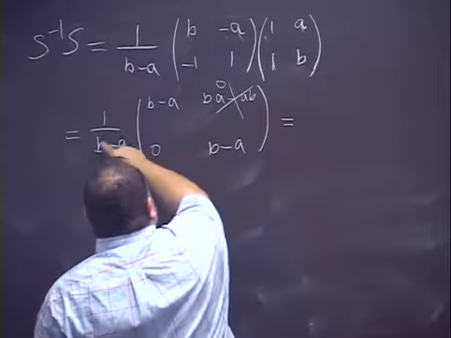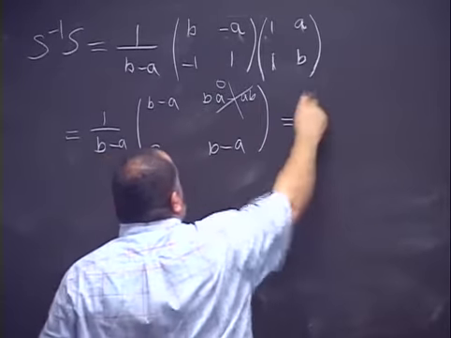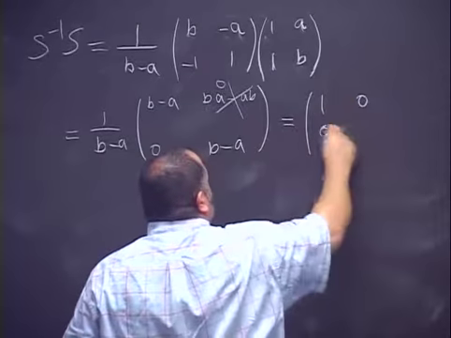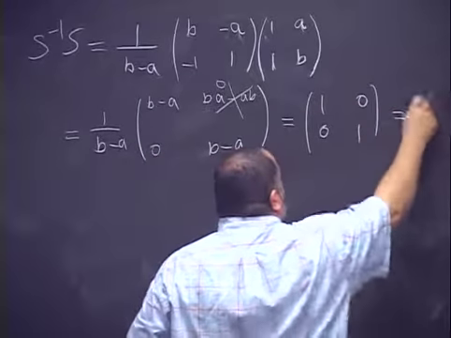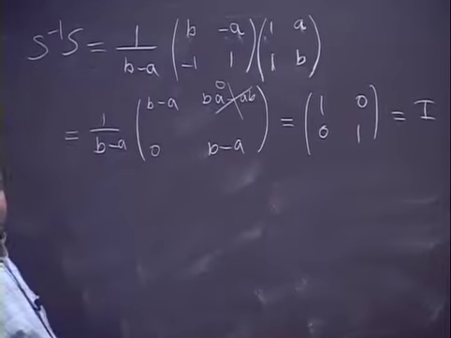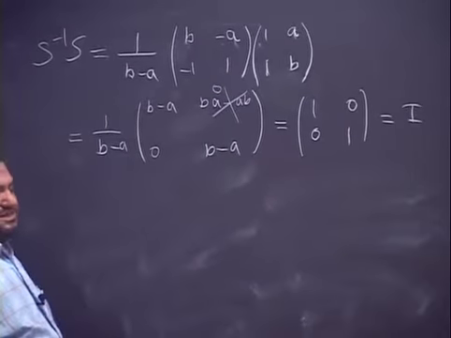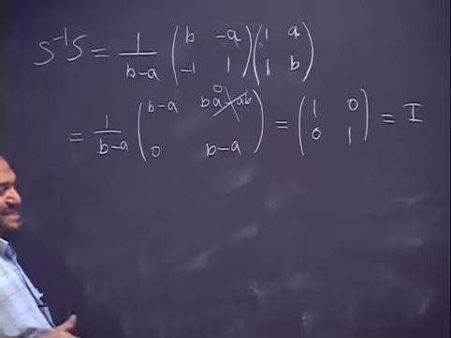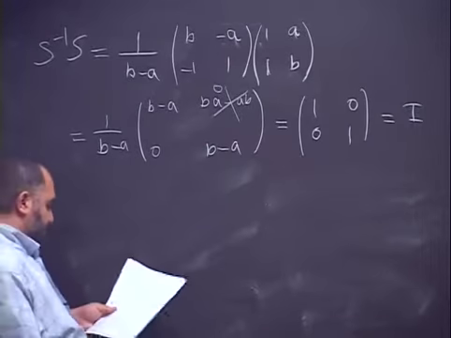If you multiply it by 1 over B minus A, this will give you 1, 0, 0, 1, which is the identity matrix. So yes, S minus 1 is indeed the inverse of the S matrix.